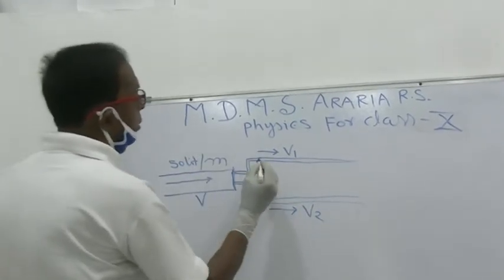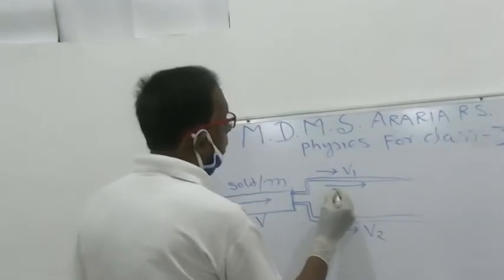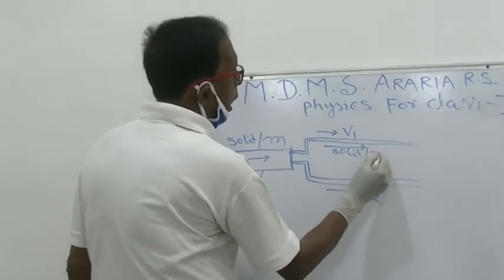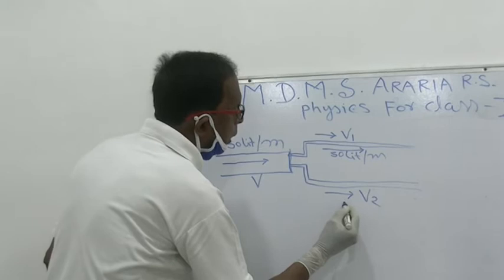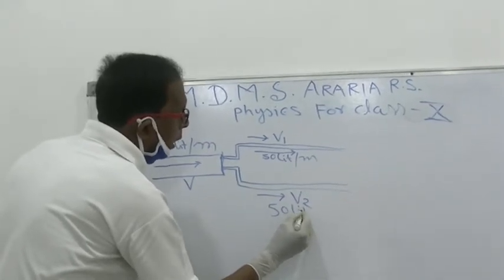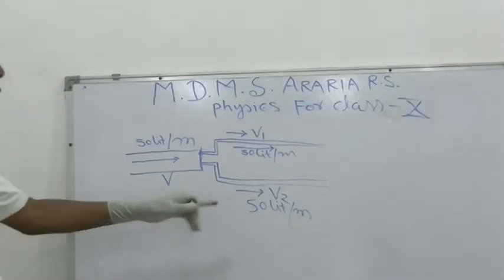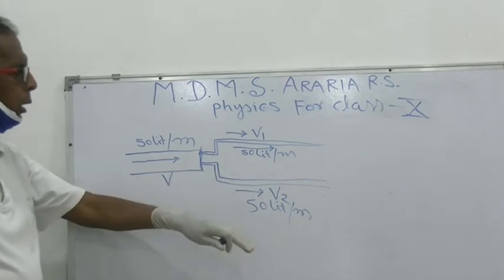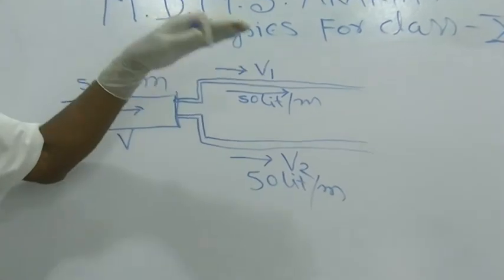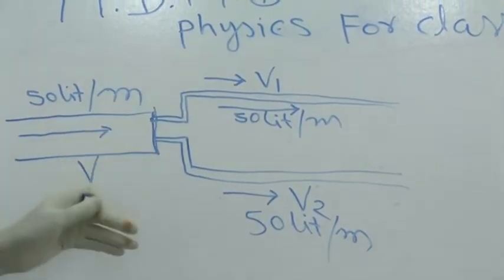But the current, the rate of flow of water through this pipe is 50 liter per minute. And also in this wing, the supply rate of the water or the current of the water is 50 liter per minute. It is not changing. Means the current of the water is same, but the volume is changed.